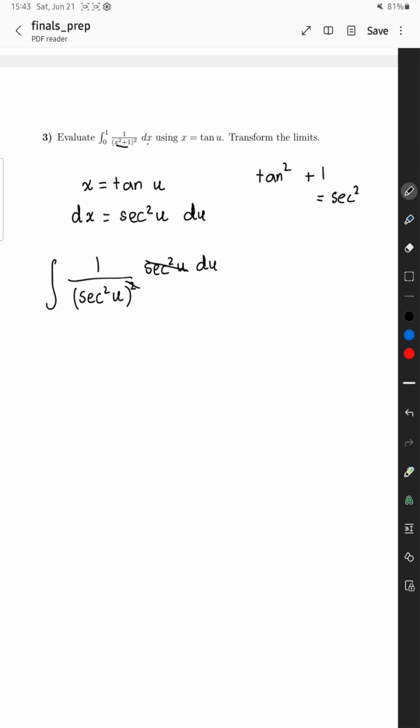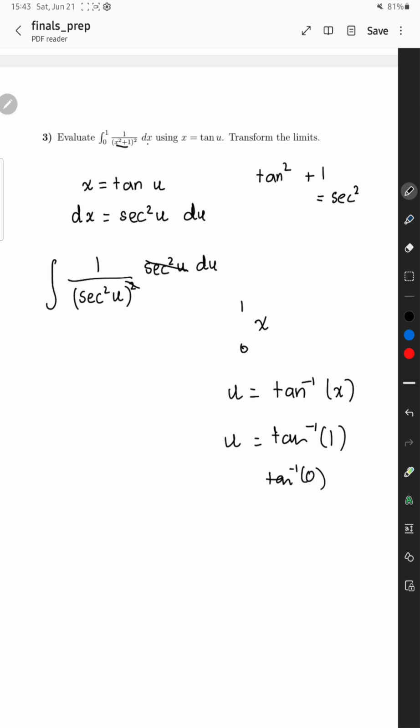Okay, as for the limits, what we have to do is rather simple. x went from 0 to 1. So what would u go from? Now u is actually, in terms of x, tan inverse of x. So what is tan inverse of 1 and what is tan inverse of 0?